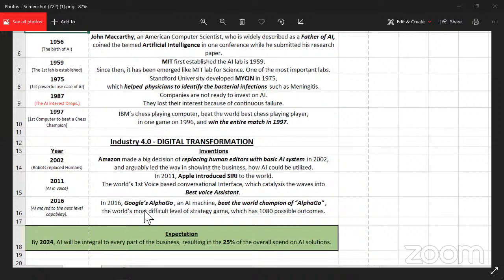But the major reason why we are learning here today is that by 2024, AI will be integral to every part of the business, resulting in 25% of the overall spend on AI solutions. Now, what exactly are all the businesses trying to do?